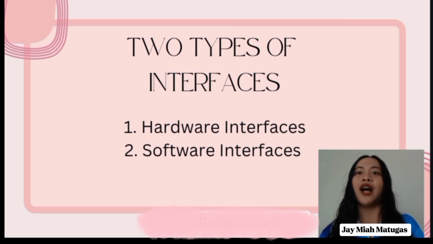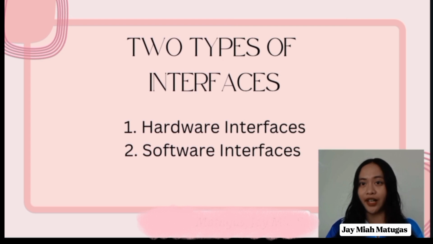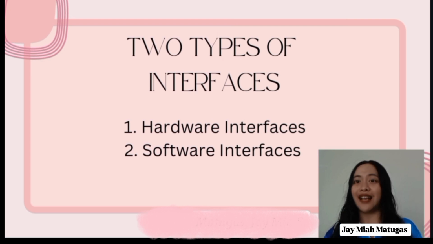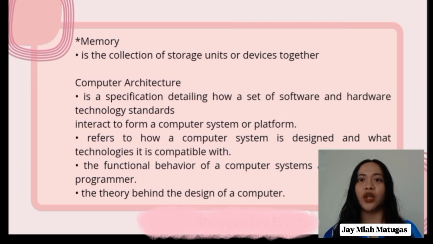In a simple term, hardware interface connects the parts and software interface helps the apps work together. And the last attribute of computer organization is the memory. It stores all the information the computer needs to work, like instructions for running programs and data the program uses.